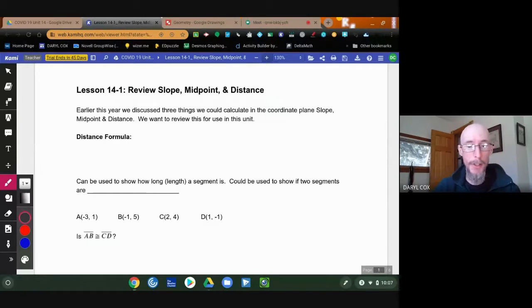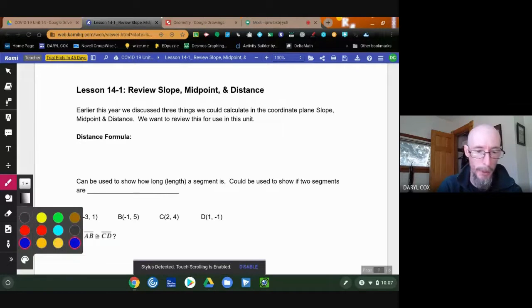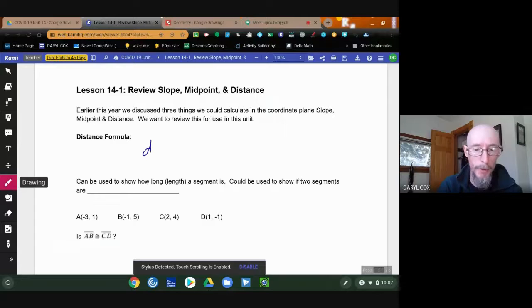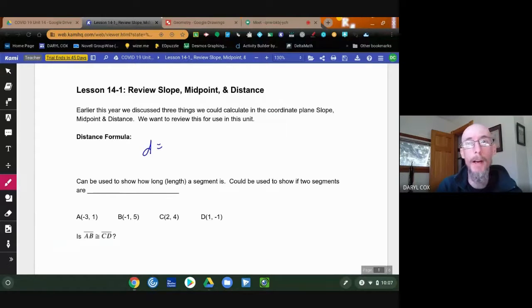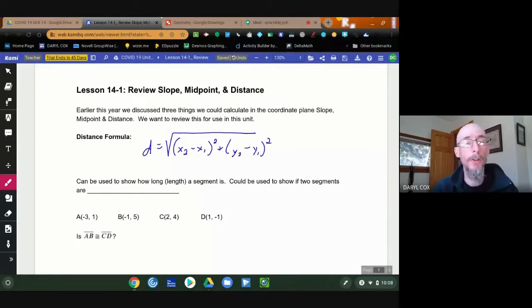Okay. So the distance formula, if you remember, is... We usually use D for distance, although sometimes I'll use whatever the name of the segment is I'm looking at. And it had the big square root. And that is x2 minus x1 squared, y2 minus y1 squared, all under the square root.